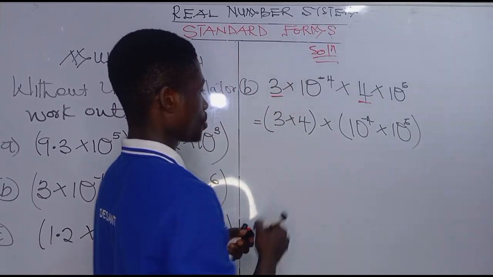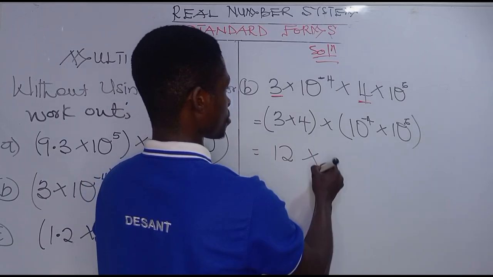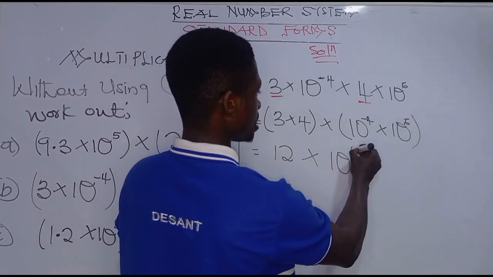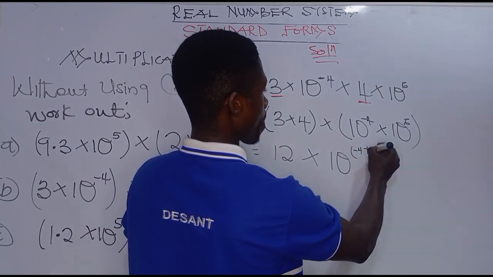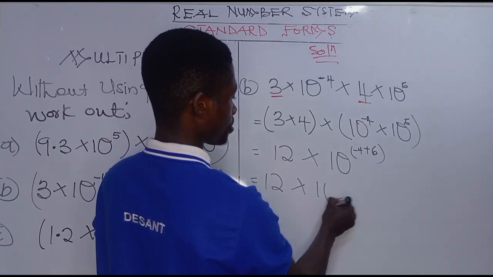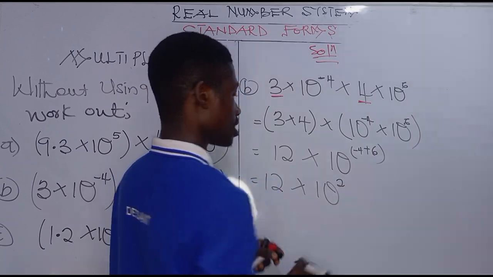So at the end, we have 3 times 4 gives us 12 times the indices. The bases are the same, so we add their exponents. So we are going to get 12 times minus 4 plus 6 will give us positive 2.